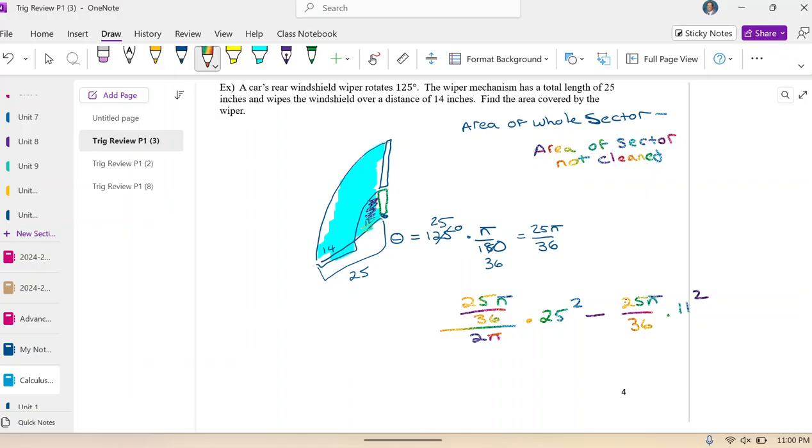And that'll give us our area. So 25 pi over 36 times 1 over 2 pi. Well, the pi's cancel, so that gives us 25 over 72. So 25 over 72 times 625.